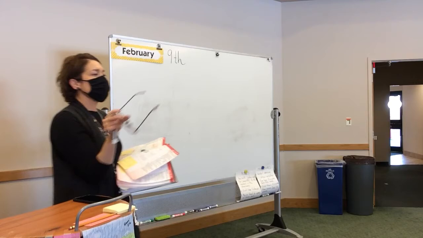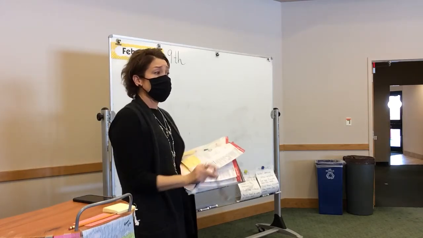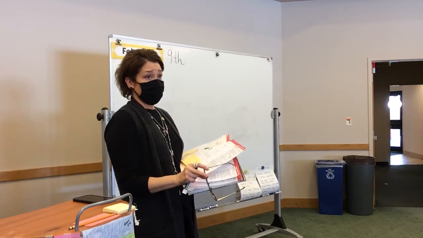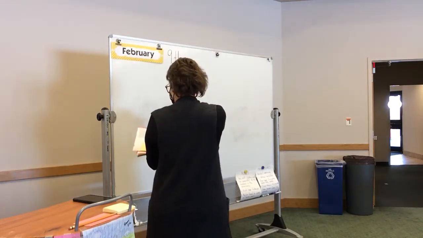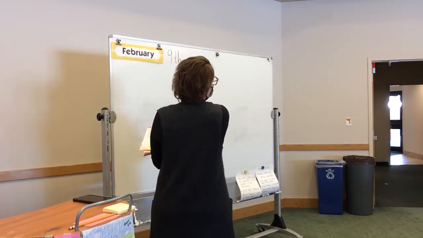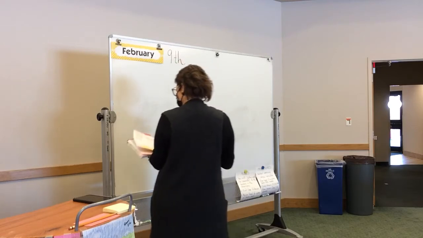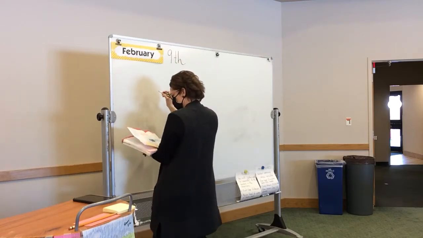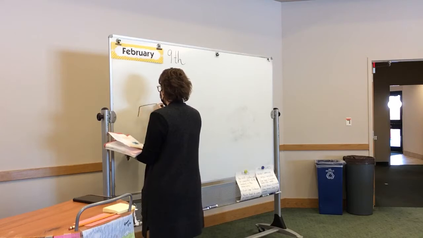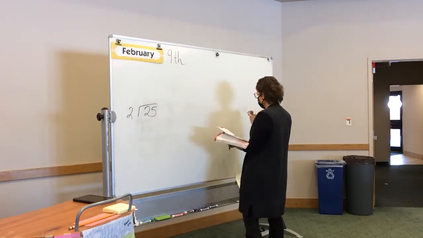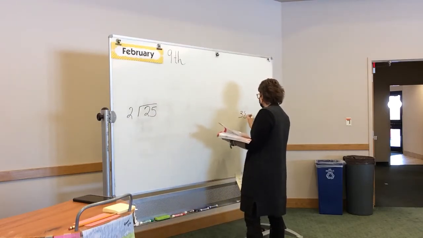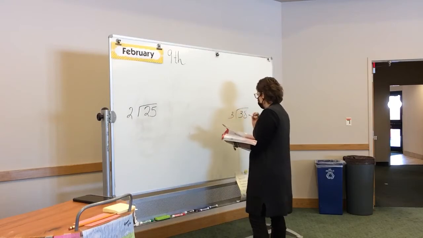As I have people coming up here, I want you to work on the book as well. Got it? All right. We are on 1A, which is 25 divided by 2. B is 38 divided by 3.